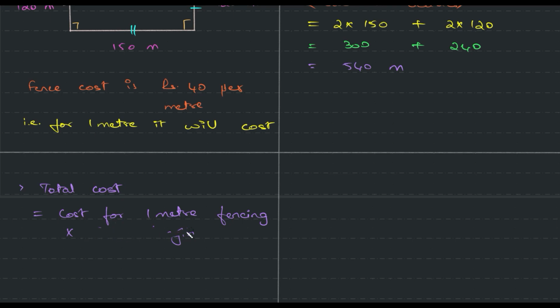That is a better way to put it across. Again, it's similar to buying one item and paying say 40 rupees for 540 items. How much will it cost you? 540 into 40, right? That's what we are doing. Of course, we have to do it systematically.